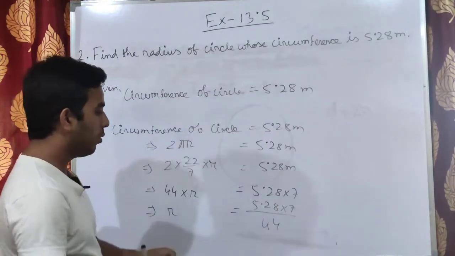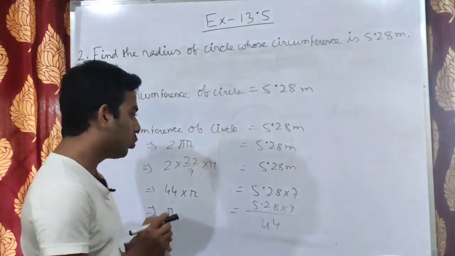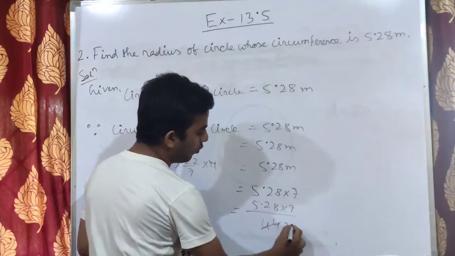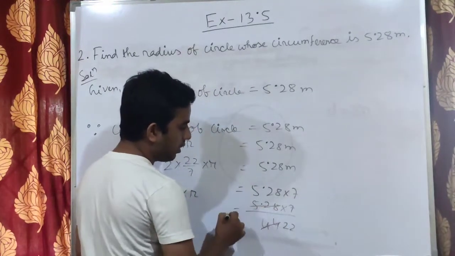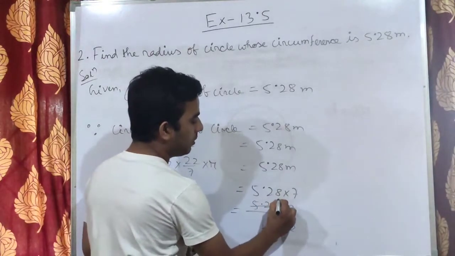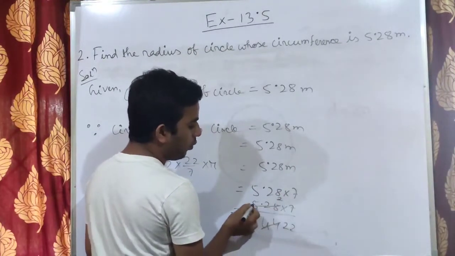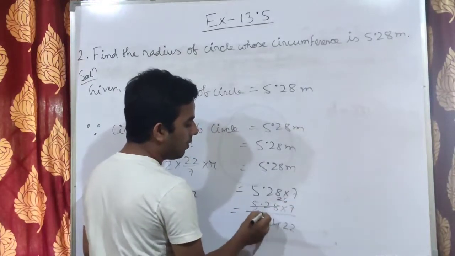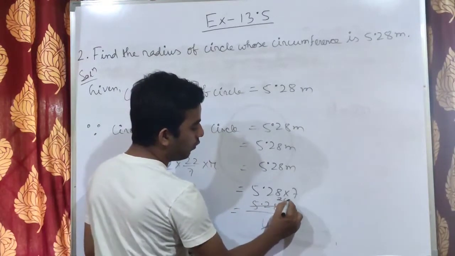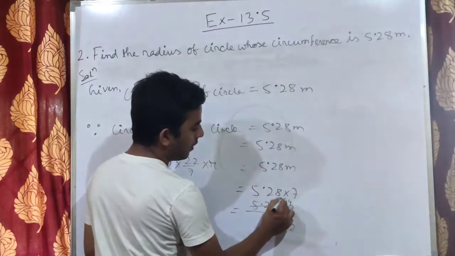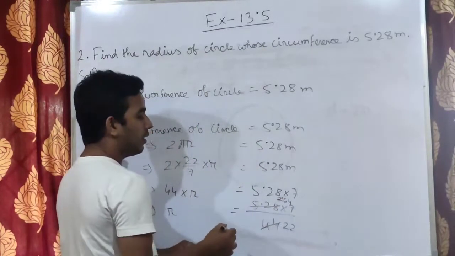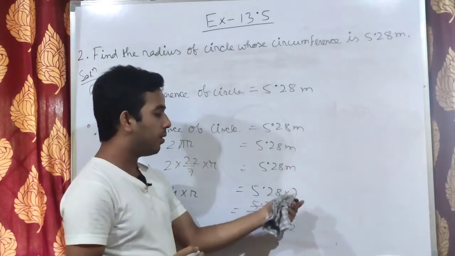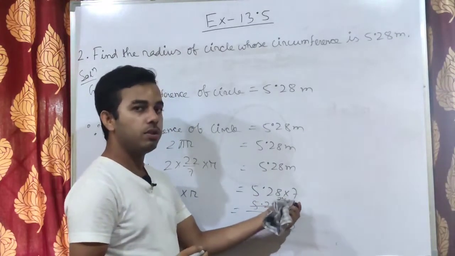Now here we will cancel with what? With 2. 2 into 22 is 44, then 2 twos are 4, 1 left, 1 2 2 6 are 12, then 2 4s are 8. After this, as there are 2 digits after the decimal, we will also put 2 digits after the decimal, right?